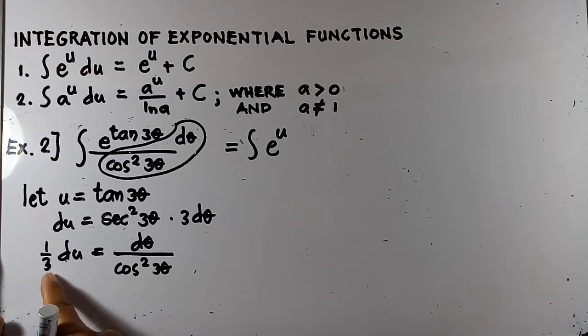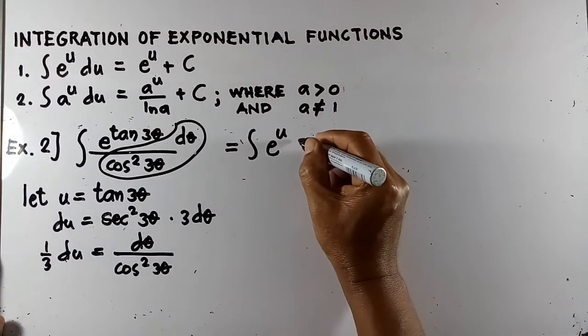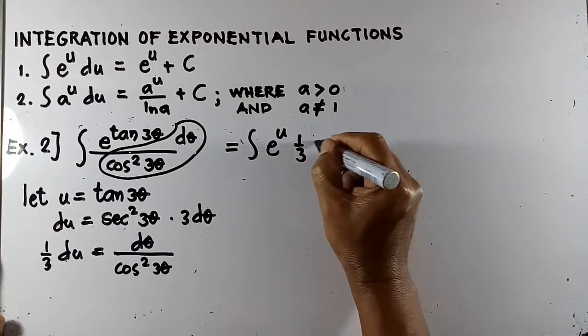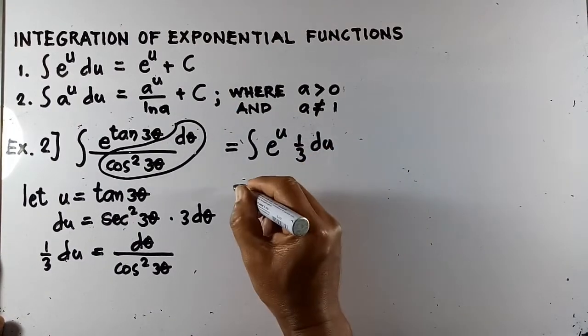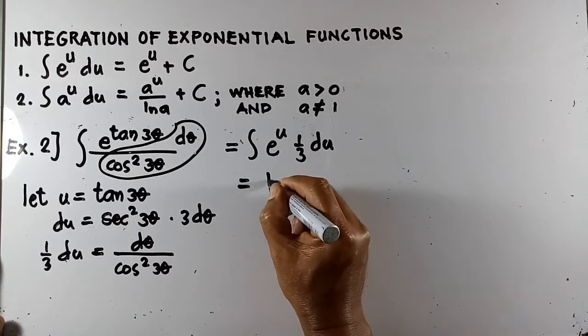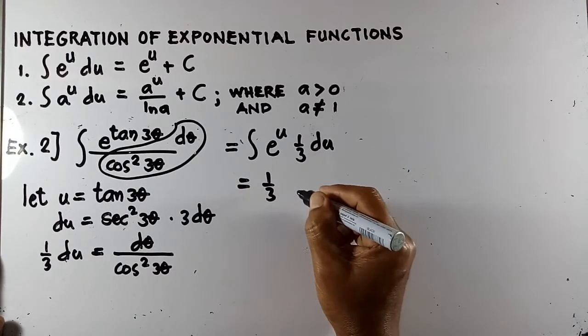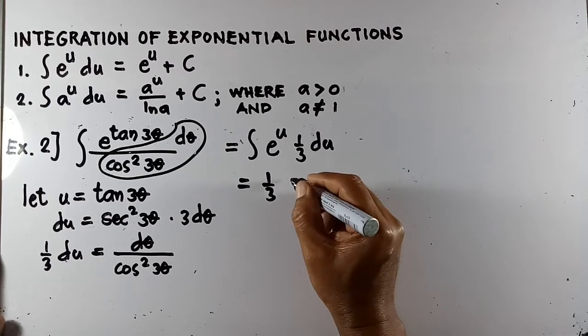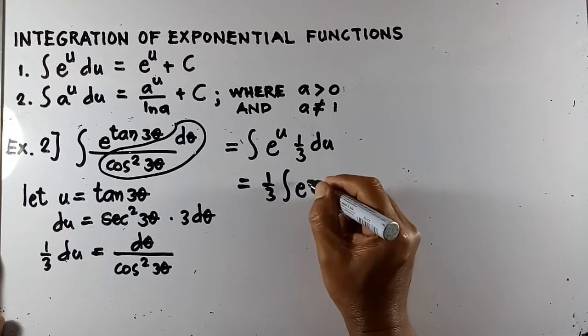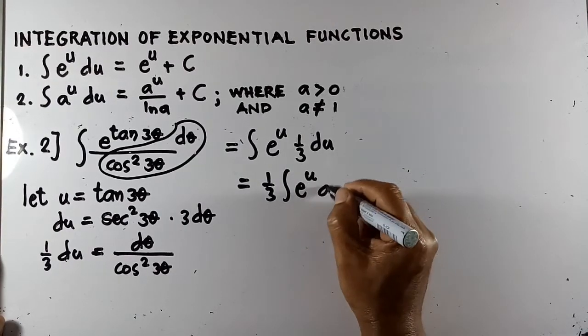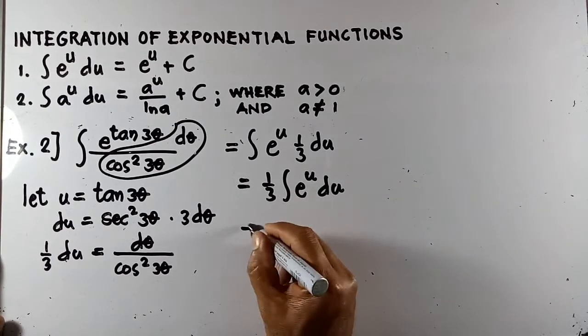And it is equal to 1/3 of du. So yung 1/3 ay constant. We can write it before the integral sign. So e raised to u du.